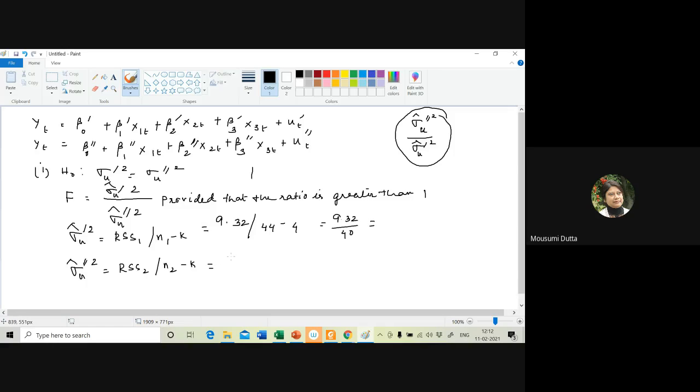So this will be the value, and what is RSS2? 7.46. And what is the number of observations? 32.